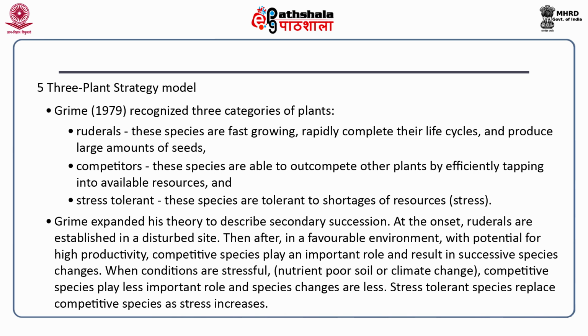When conditions are stressful, say nutrient poor soil or climate change, then competitive species play a less important role and species changes are less. At this stage, stress tolerant species replace competitive species as stress increases.